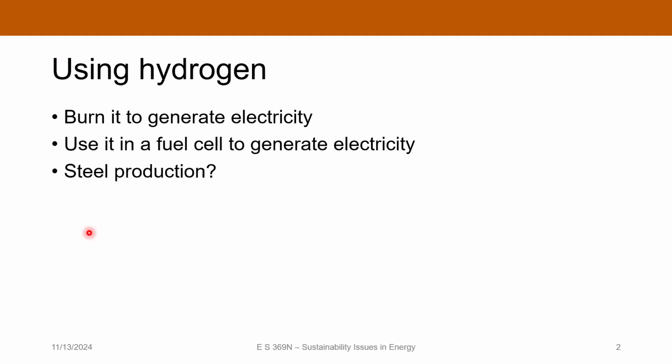You can use it as a source of energy, or we'll look at a couple of cases where you can use it as a chemical rather than a source of energy. So to get energy from it, you can either burn it or you can use it in a fuel cell.